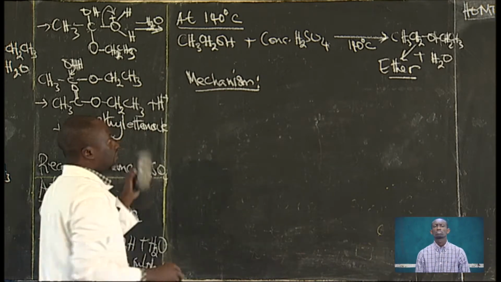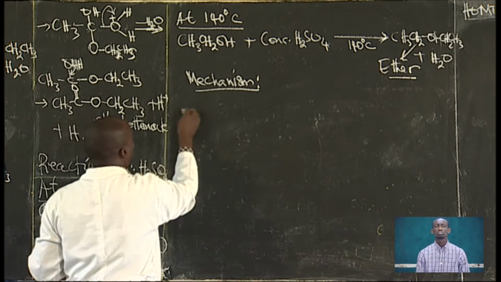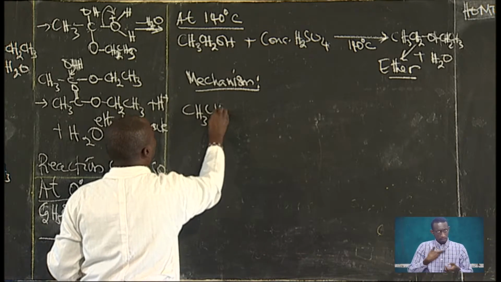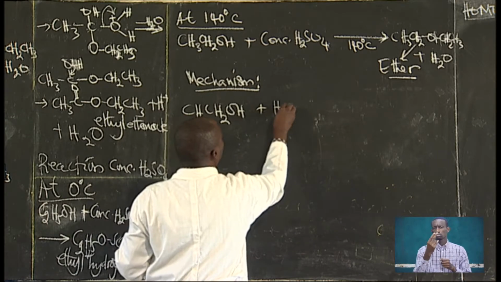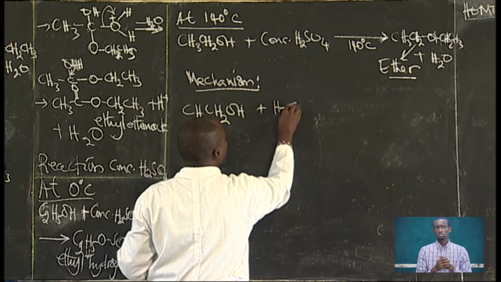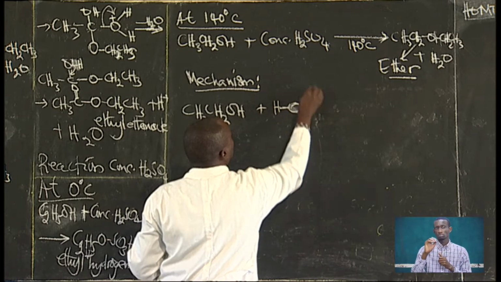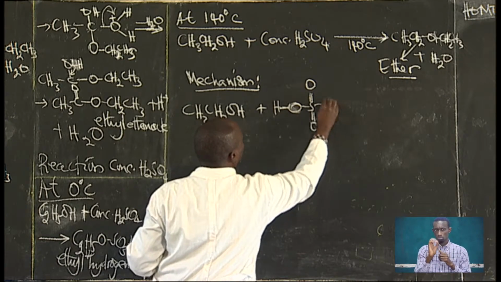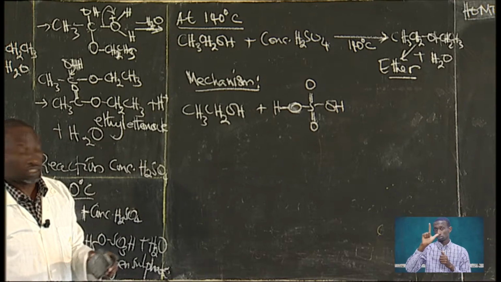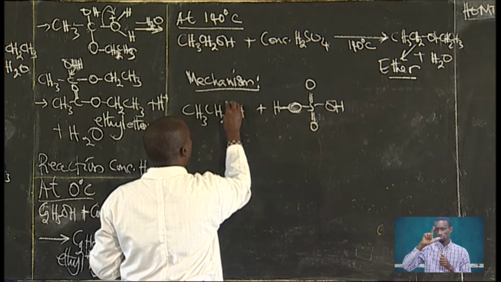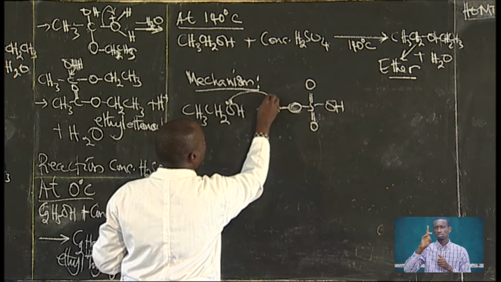So we have the alcohol being protonated by the sulfuric acid. This is the structure of the sulfuric acid: oxygen, this is sulfur, oxygen. That is the structure of sulfuric acid. So here, we'll have the lone pairs now protonating.